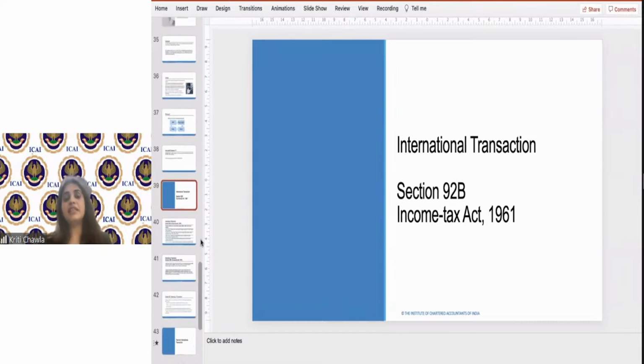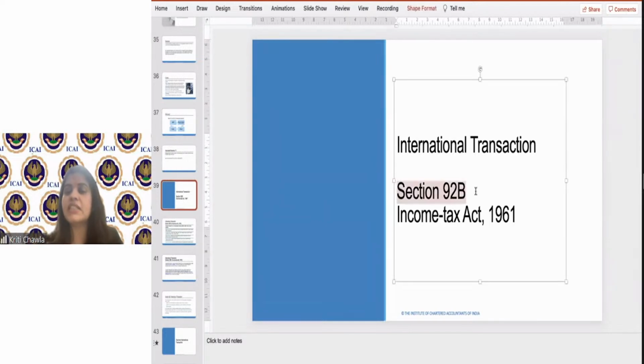The next situation is that, now that I know that two enterprises are related to each other, the next thing is to identify whether the transaction they are entering into is an international transaction or not. The definition of international transaction is provided in Section 92B of the Income Tax Act.